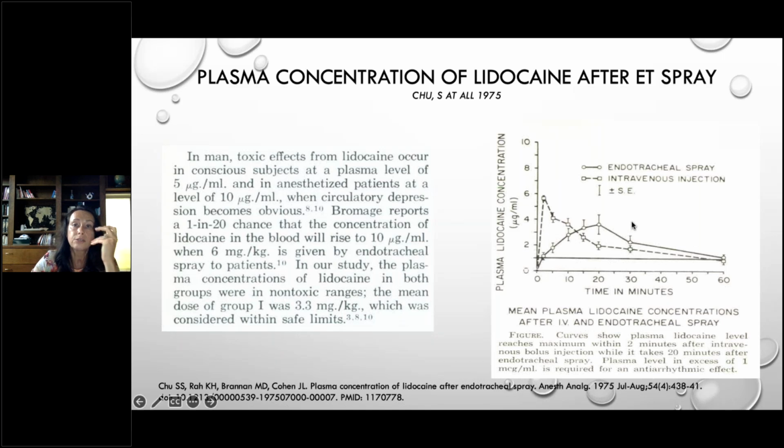They drew these graphs which show that the plasma concentration with the endotracheal spray is rising quite slower than the plasma concentration after the intravenous injection, and it does not achieve the toxic levels even at the relatively high amount of local anesthetic administered.